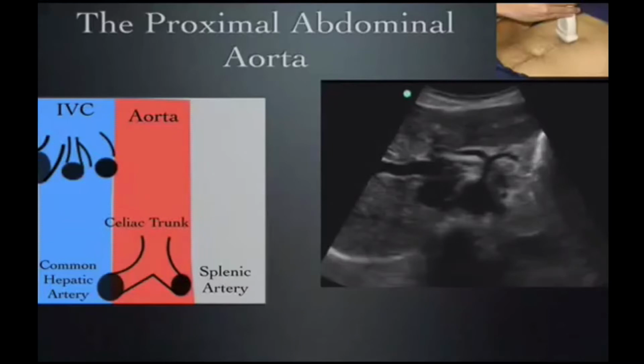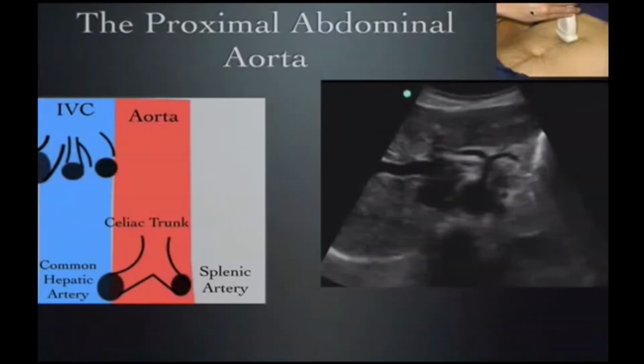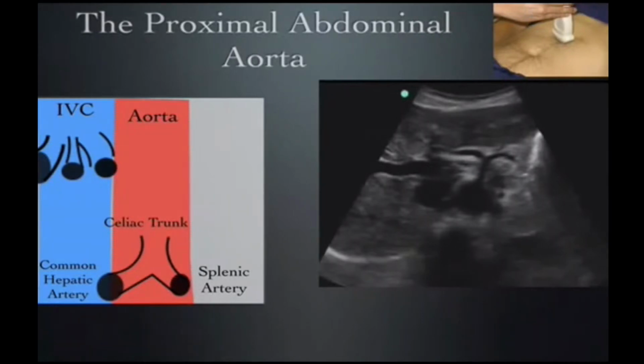Now, to first acquire an image of the proximal vasculature, the probe is going to be placed in a transverse view with the probe indicator pointing to the patient's right. That's going to be the scanner's left. Next, you're going to have to not be bashful about applying some pressure to the probe to try to bring the scan surface closer to what you're actually trying to scan.